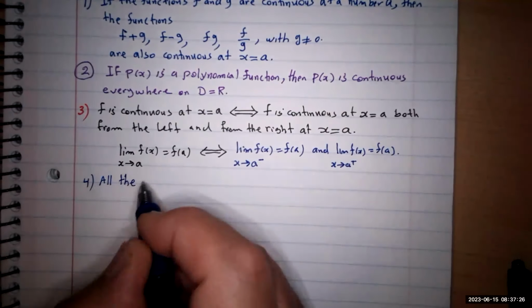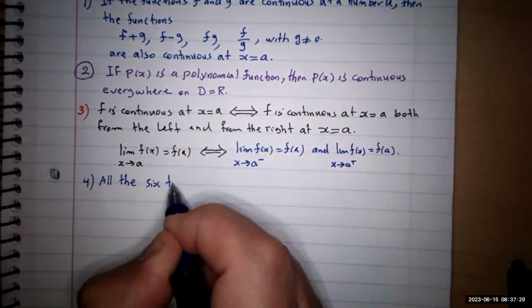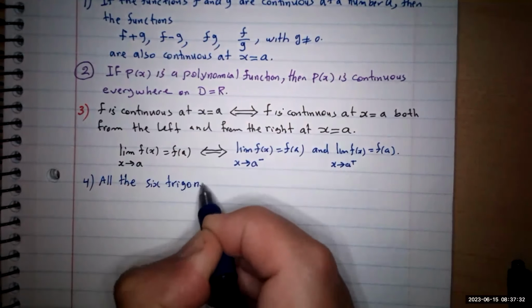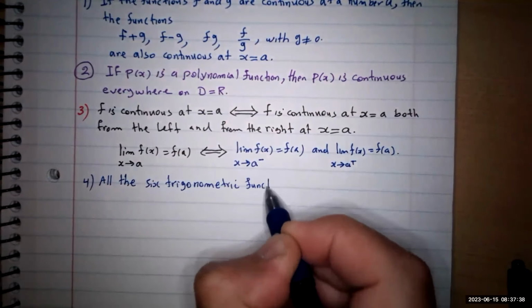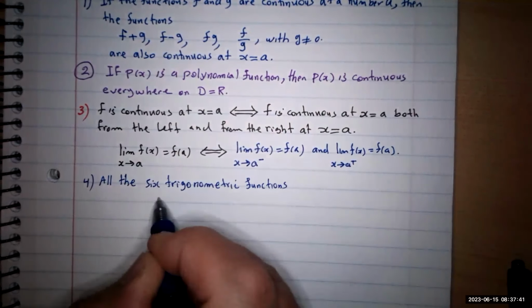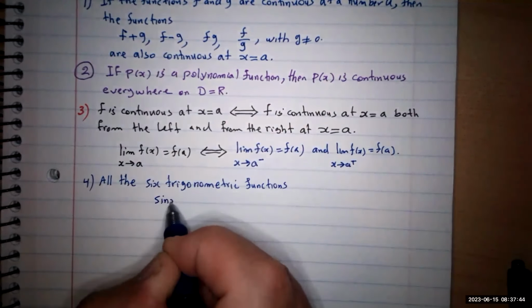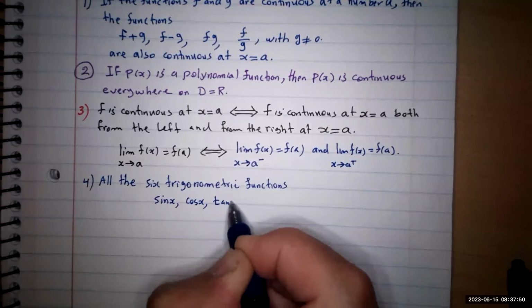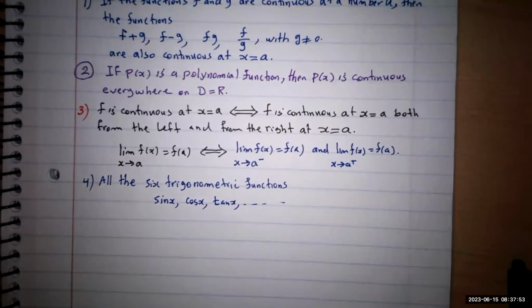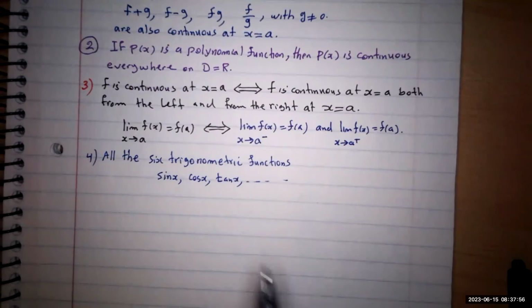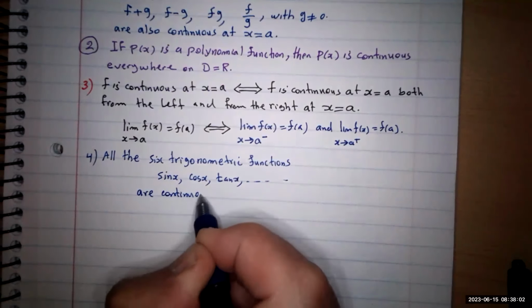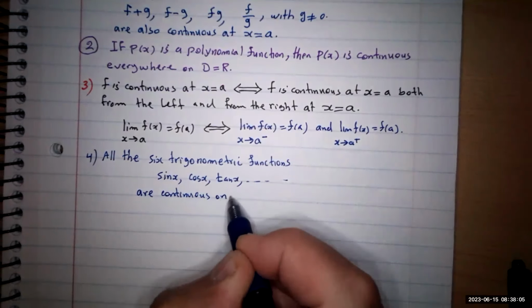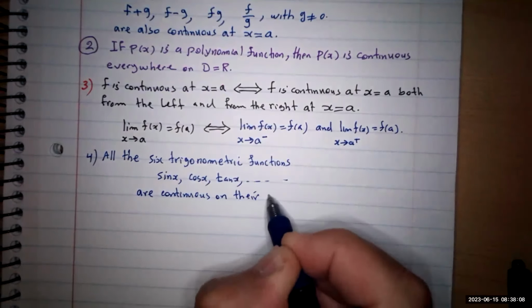So all the 6 famous trigonometric functions, I mean sine x, cosine x, tan x, secant, cosecant, cotangent, are going to be continuous on their natural domains, if you like.